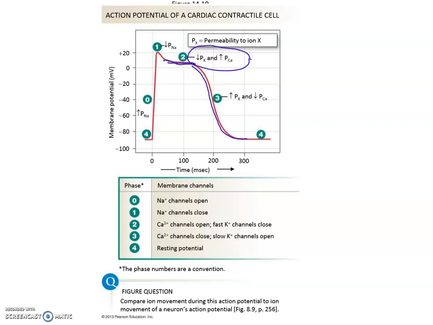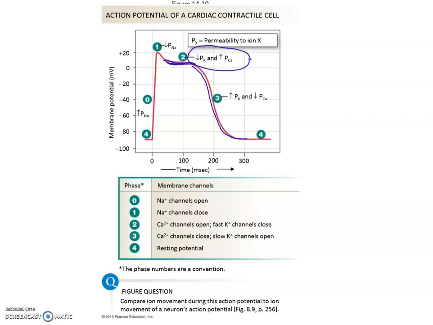Once this has happened, we're inactivating our sodium channels, and now we're opening up potassium and calcium channels, and they're duking it out for some time. They're battling it out with potassium leaving the cell and calcium coming into the cell. We're creating this shoulder. This shoulder is very important because we need to make sure that the depolarization wave travels through the entire myocardium and is then followed by one forceful contraction to pump blood out of the ventricles.